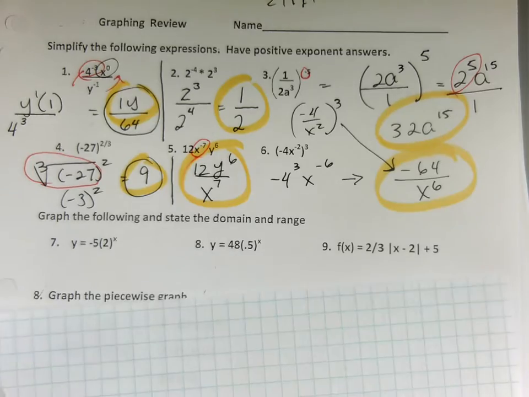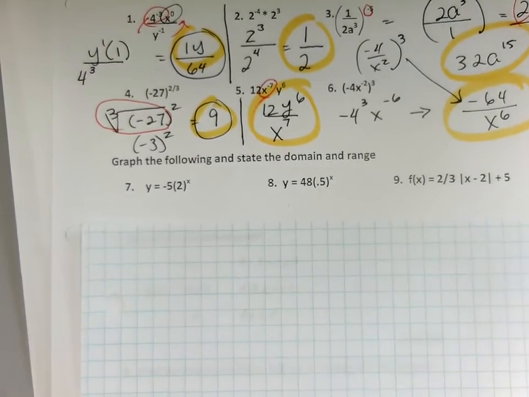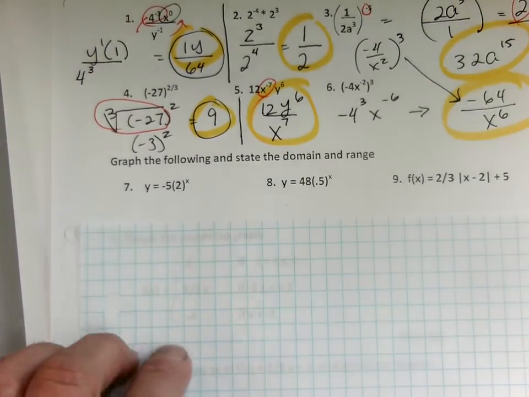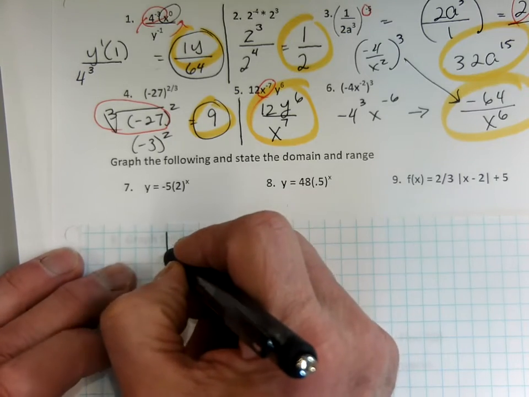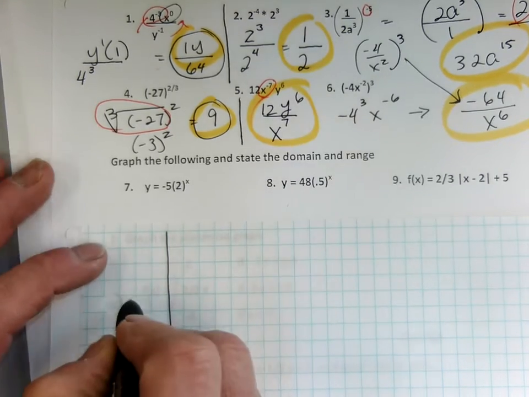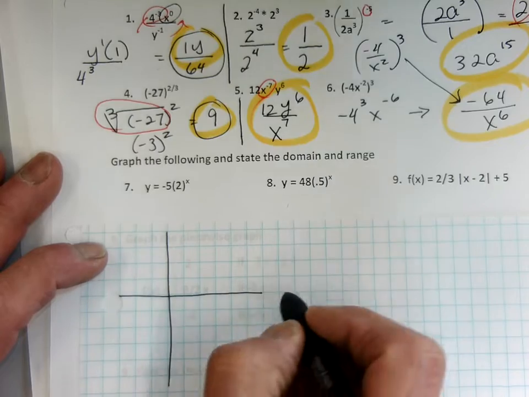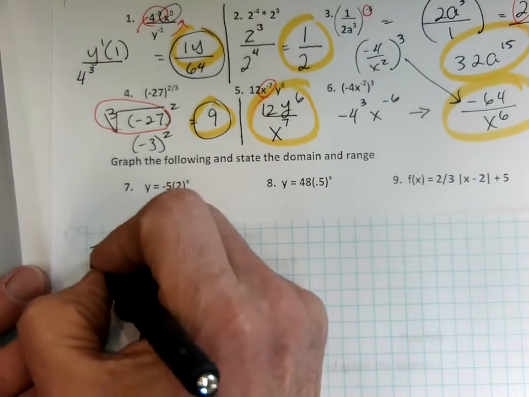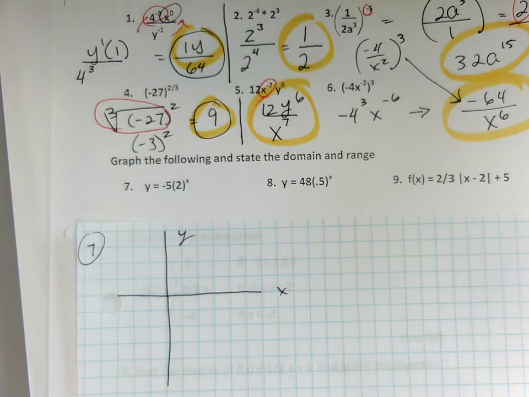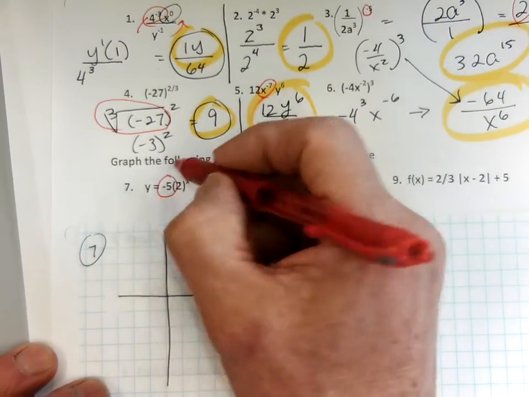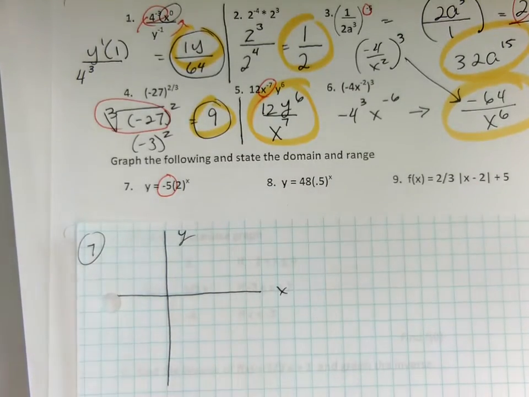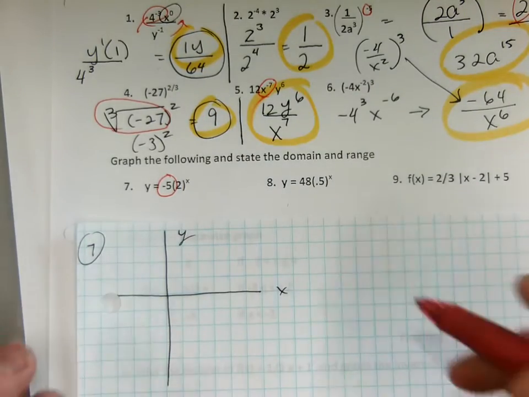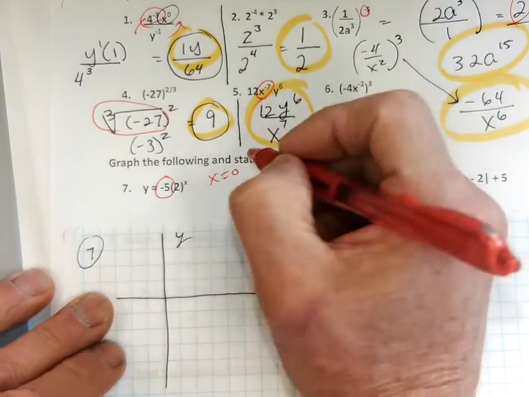So, number 7. All right. Here's what I need. I need 3 things on number 7. My y-intercept is negative 5. One of the ways you can find that is if x equals 0, you'll get the y-intercept.